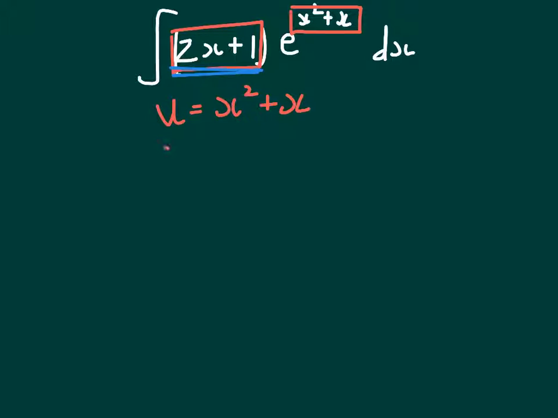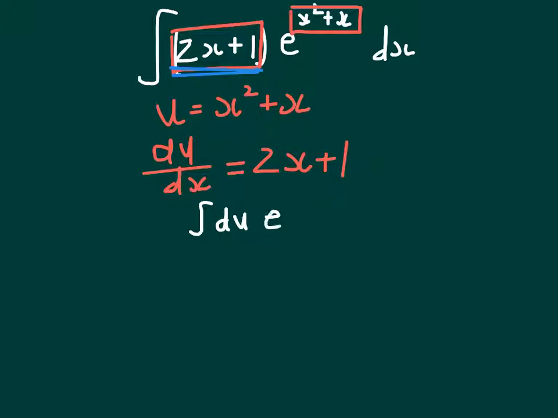Then I'm going to differentiate u in terms of x. So that's going to give me 2x plus 1. So I'm going to rewrite it in terms of my original integral. So I'm going to have e to the u du. That just looks a little bit clumsy, right? So I'm going to rewrite that as the integral of e to the u du.